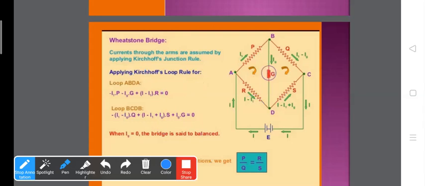Clear? So the Wheatstone bridge is most sensitive if all arms of the bridge have equal resistance, that is P equal to Q equal to R equal to S, right? The measurement of resistance by Wheatstone bridge is not affected by the internal resistance of the cell. So that was something about the Wheatstone bridge. I hope this is clear to you.